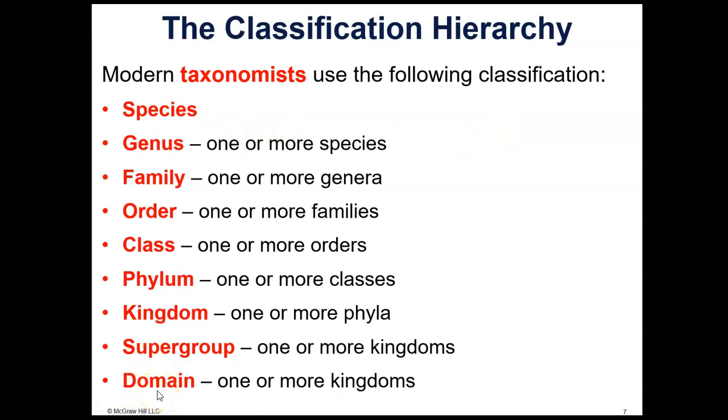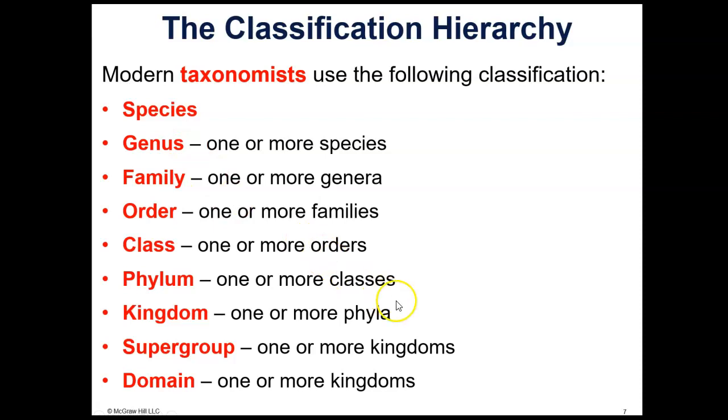So this is our classification system, and we're going to start down here at the bottom. You need to learn the names of the classification groups in order. They may be different from what you've learned in other science classes or other biology classes. They may look a little bit alike, but there may be some differences. So we have domain, supergroup, kingdom, phylum, class, order, family, genus, and species.